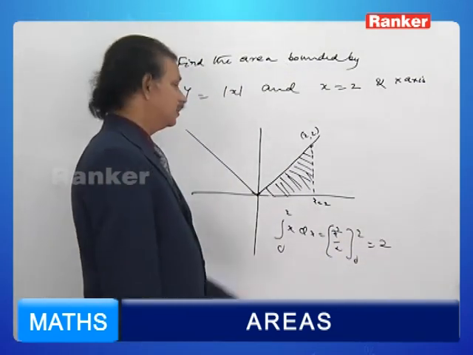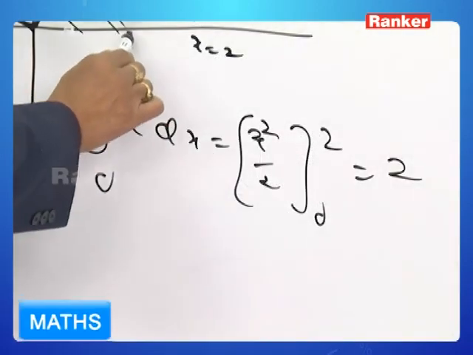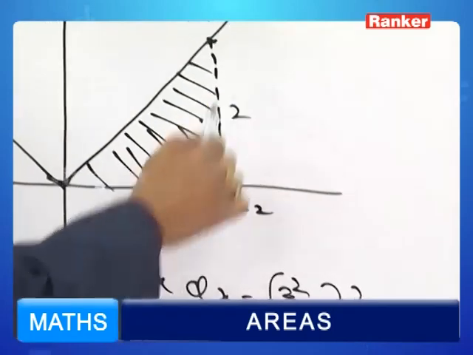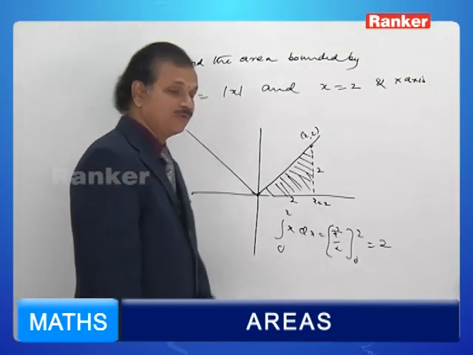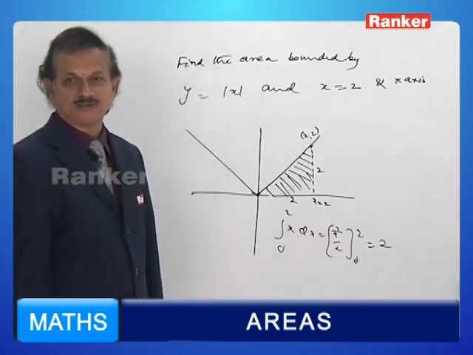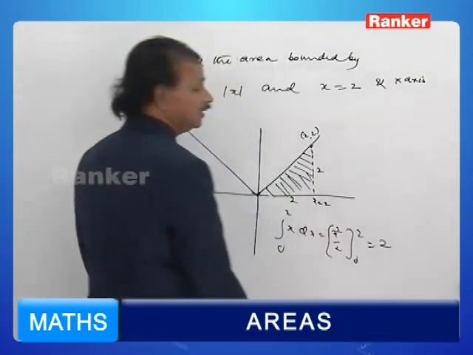See, actually speaking, here you need not use the integral concept. Base is 2, height is also 2. Half into base into height, half into 2 into 2 gives you 2 units. Therefore the answer is 2.